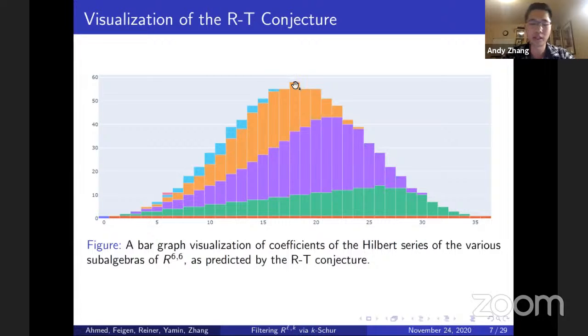This means that there are exactly 58 ways to partition 18 inside a 6 by 6 rectangle. And that also explains why this graph is symmetrical.